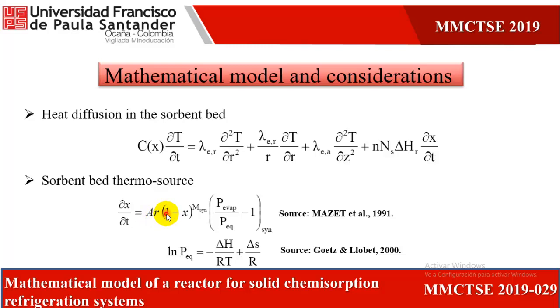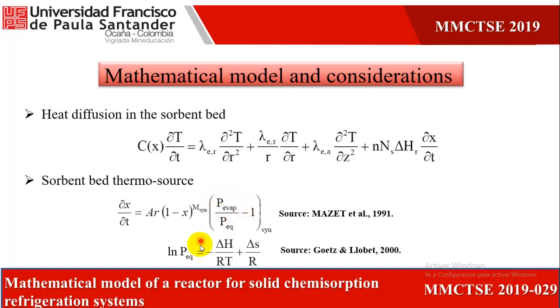X represents the conversion capacity of the system and varies between 0 and 1. P here represents the equilibrium pressure, and this represents the evaporating pressure. A similar equation is placed for the decomposition phase, but instead of having evaporating pressure, we have condensing pressure.